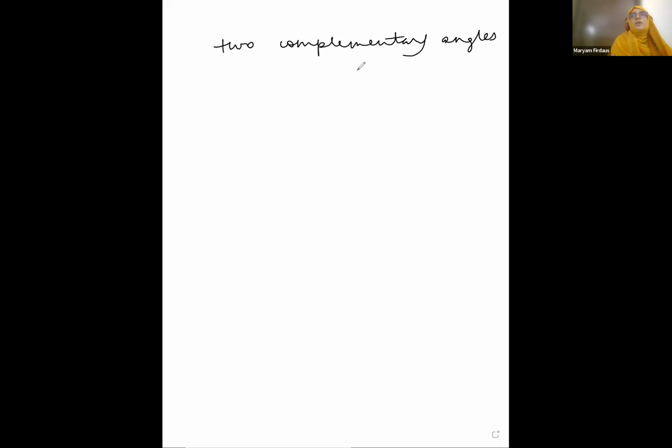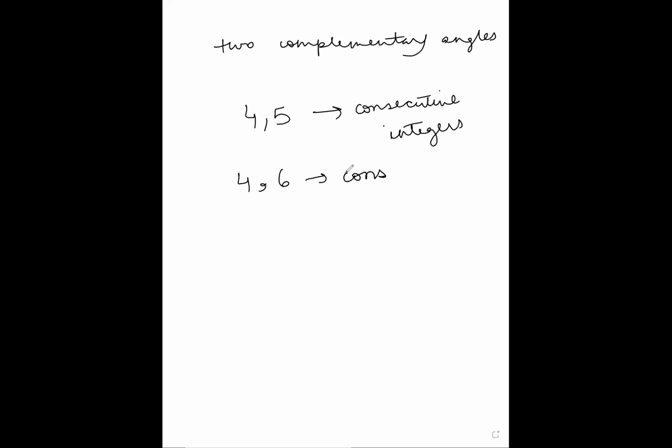Consecutive means, for example, if I say two integers are consecutive, that means 4 and 5. They are consecutive integers or consecutive natural numbers or whole numbers, whatever. If I say 4 and 6, these are two consecutive even integers.